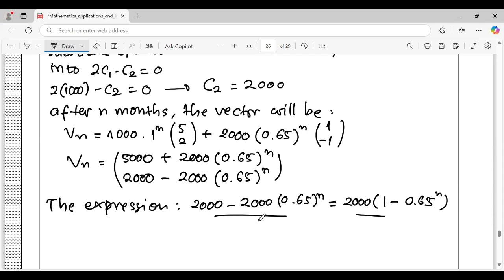The first term, 2,000, represents the eventual steady state number of customers. And the second term adjusts for the transition period. So we choose the second expression.